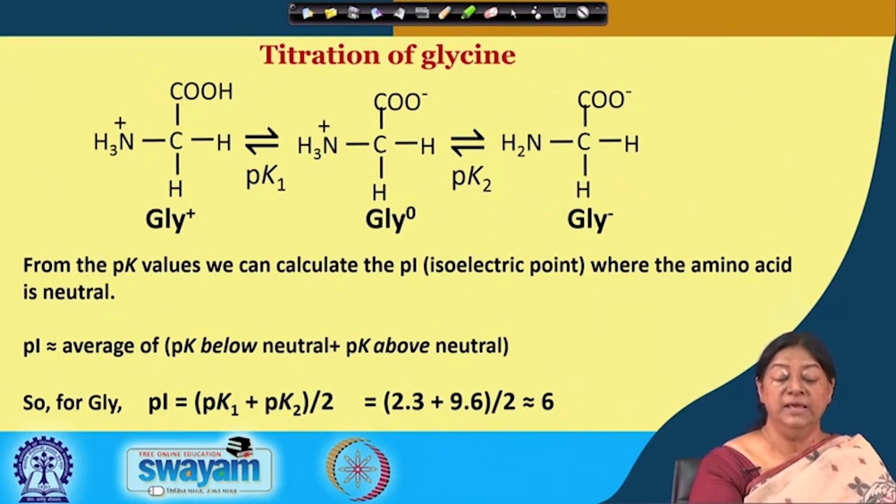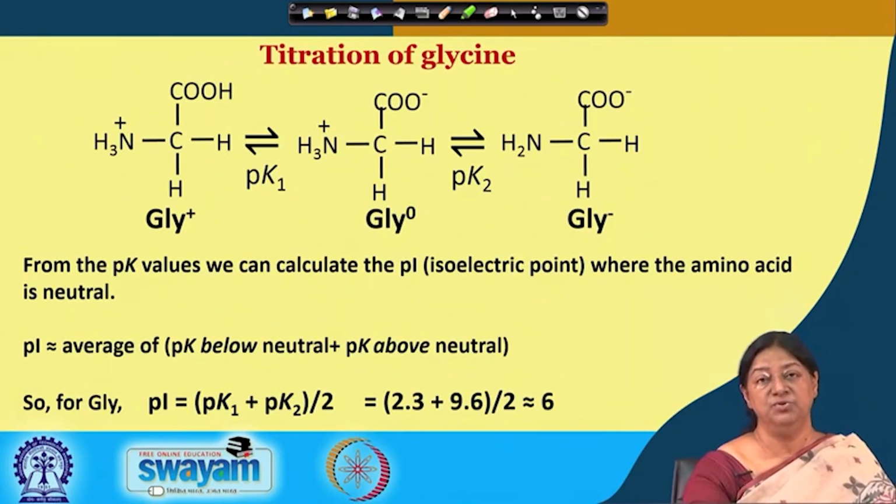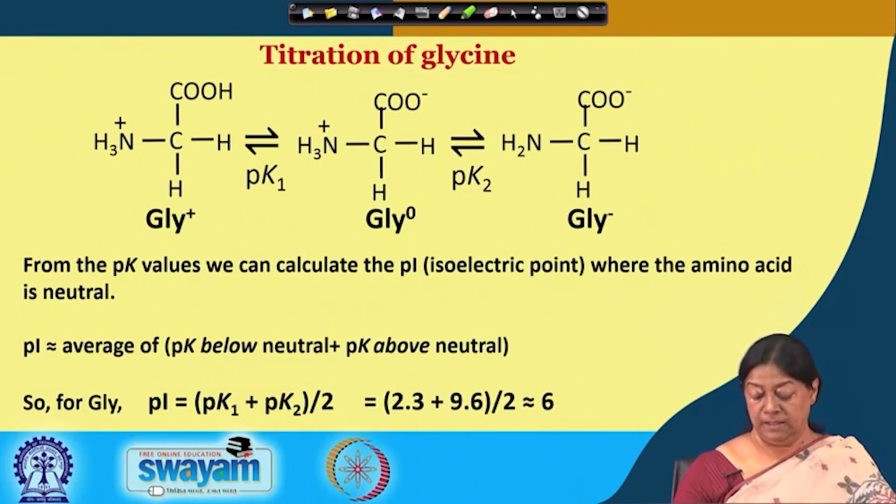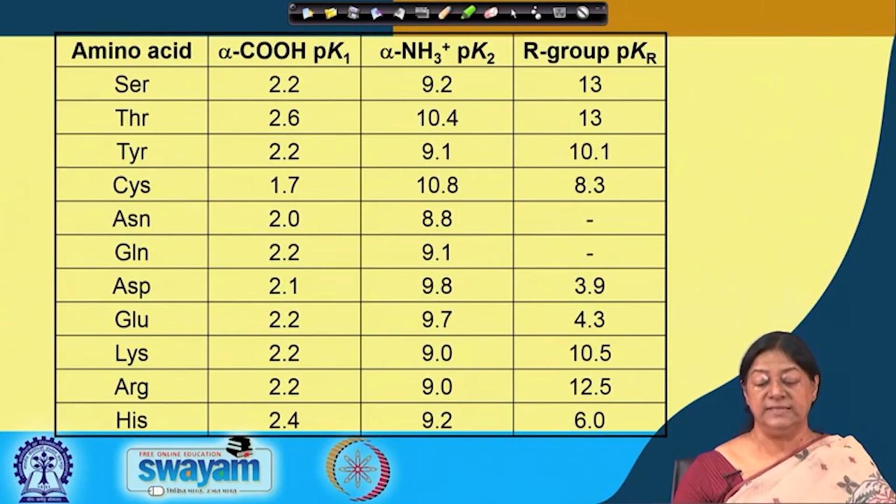We will have to locate the neutral charge of the amino acid, check the pK below neutral, check the pK above neutral, and the average of that will give us the pi of that specific amino acid, which we will see in the next class.